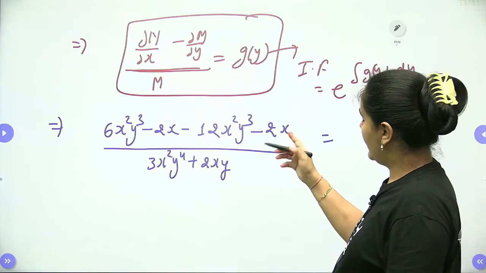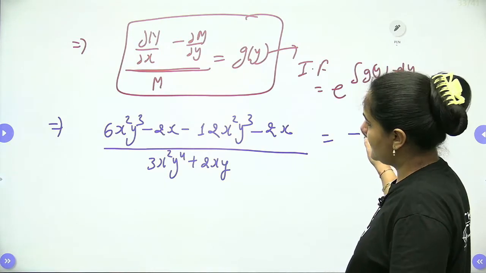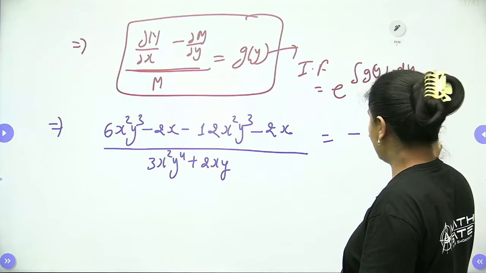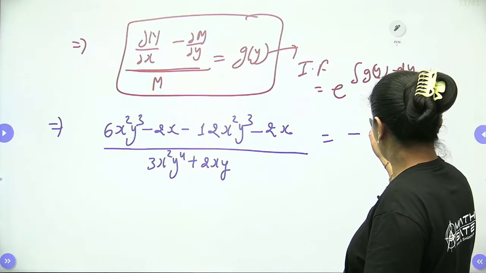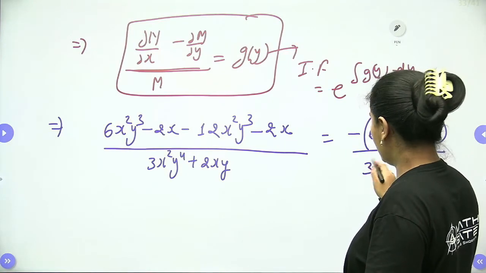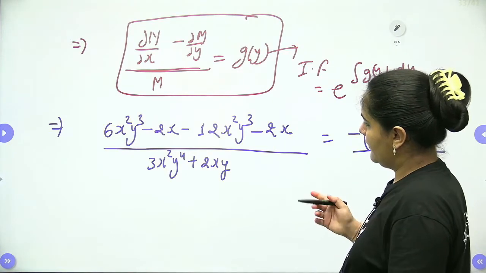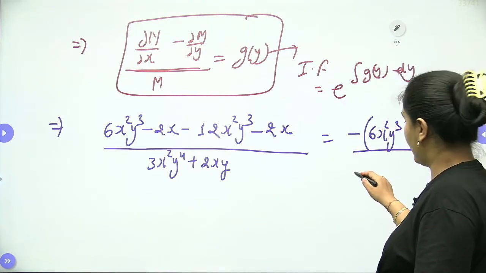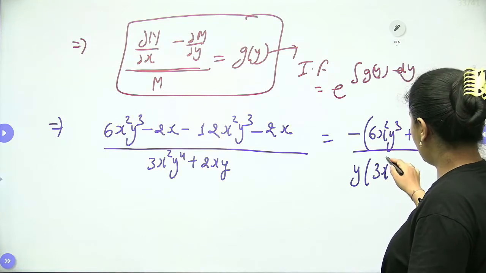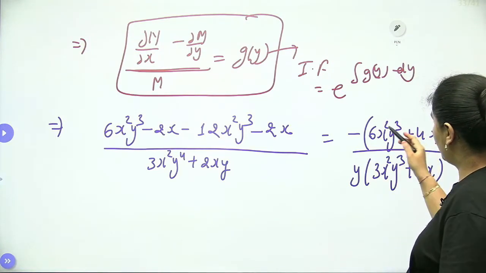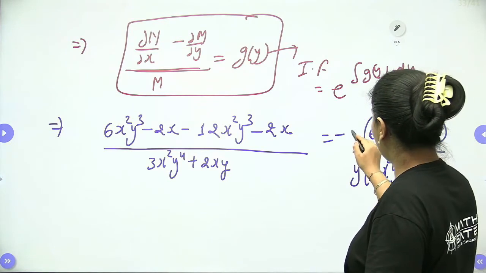It will be minus 6x²y³ and minus 4x. We can take a common minus, so it will be plus only. From the denominator you can take y as common, it will be 3x²y³ plus 2x, and from the numerator you can take common minus 2.